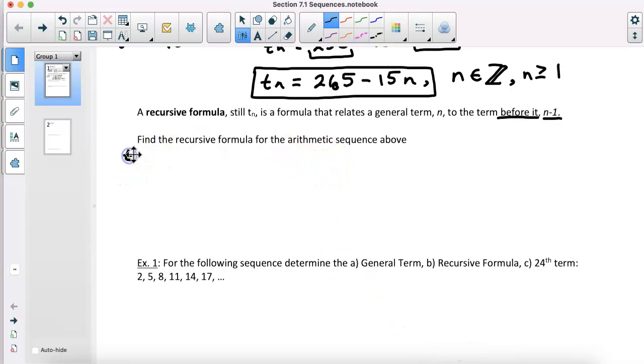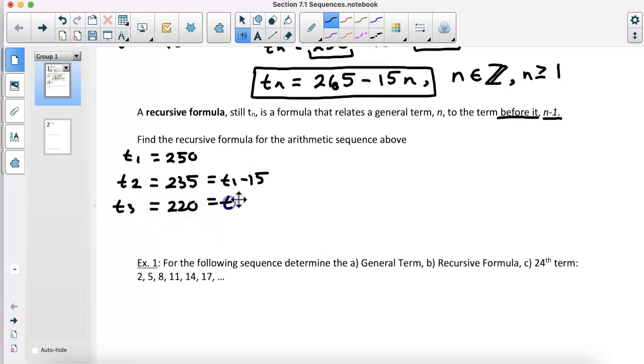We have T1 is equal to 250. T2 is equal to 235, which we can see is T1 minus 15. And then our T3 was equal to 220, which is T2 minus 15. And it followed this pattern.